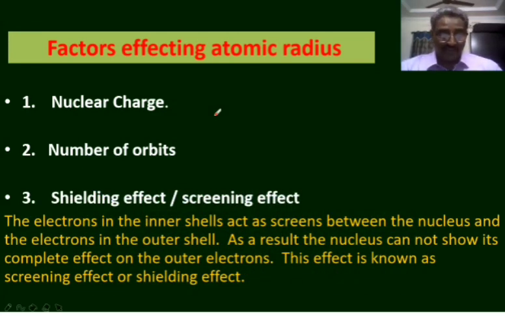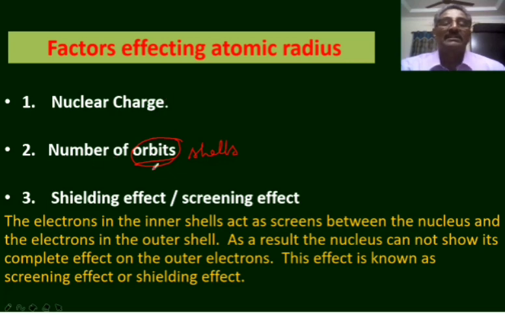Next, factors affecting the atomic radius. What are the factors on which the atomic radius depends? One is the nuclear charge. The second one is the number of orbits or shells. According to the quantum mechanical model, orbits are to be replaced by shells.